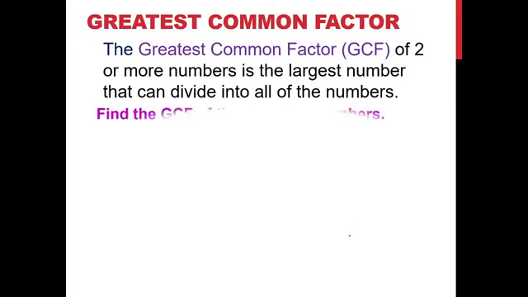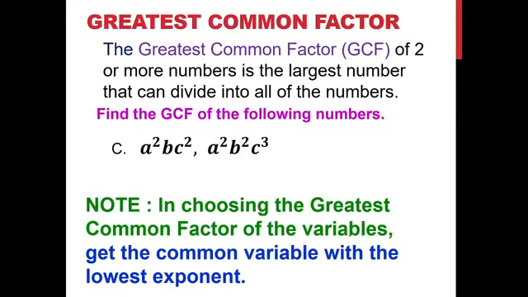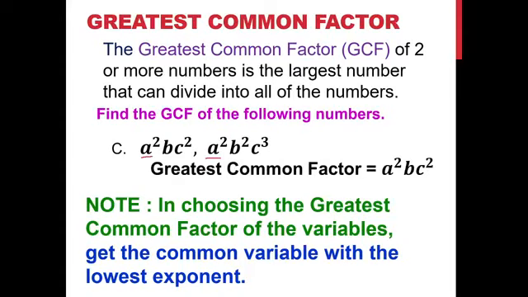Now, what if you are given variables? It's so easy. In choosing the greatest common factor of the variable, you just need to copy the lowest exponent of the common variable. Look at the variable A. The lowest exponent is 2.